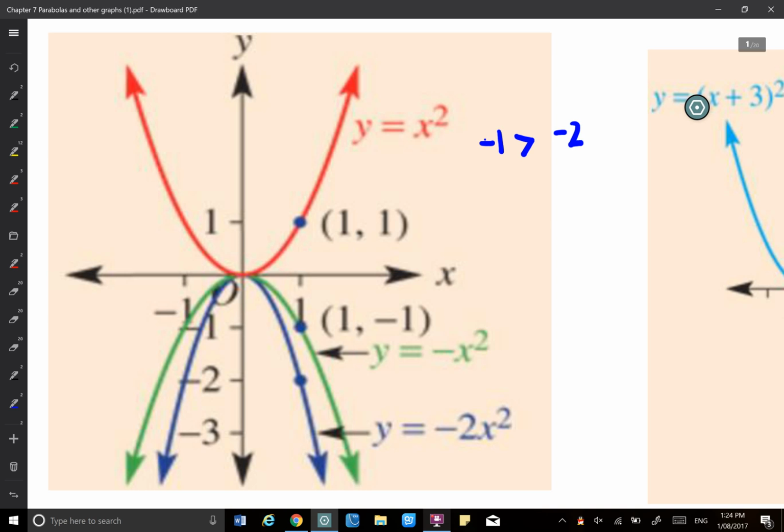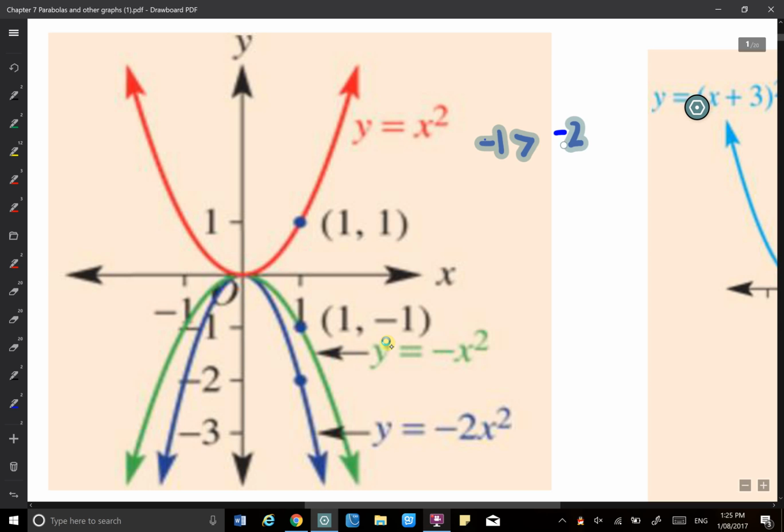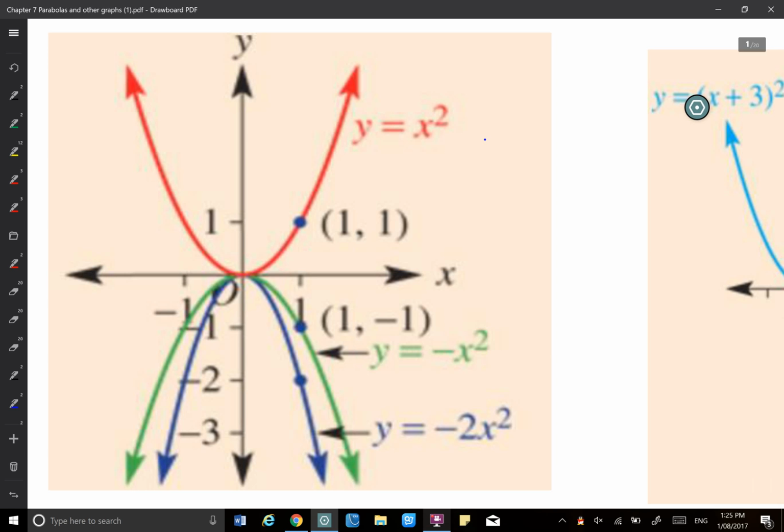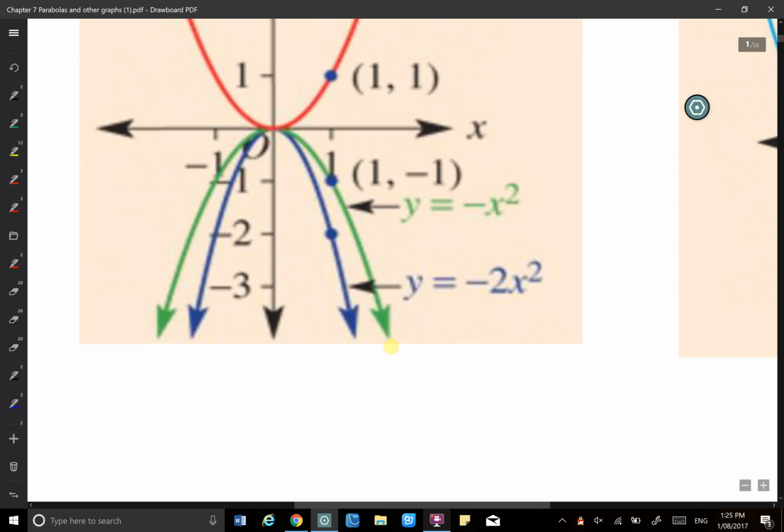Is that correct? But it's actually not. -1 is a larger number compared to -2, but it does not give a narrower graph. Why is that? Because when we think about dilation, we don't take the sign into consideration. We just consider the pure number itself, the absolute value, the positive number. So for -1, the dilation is just 1. There's no dilation. And for -2, there's a dilation of 2 for that graph.